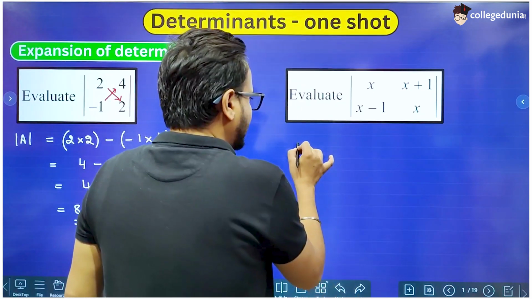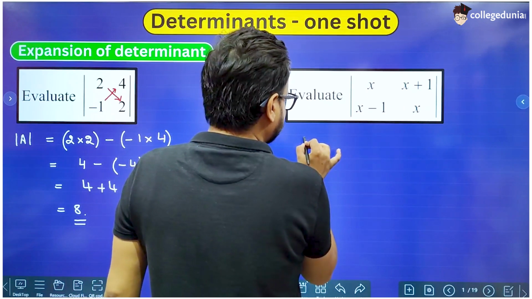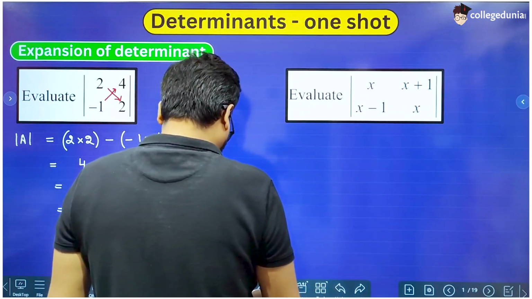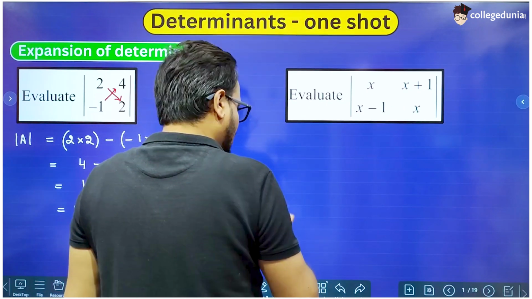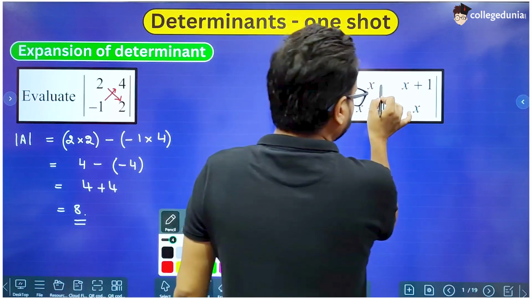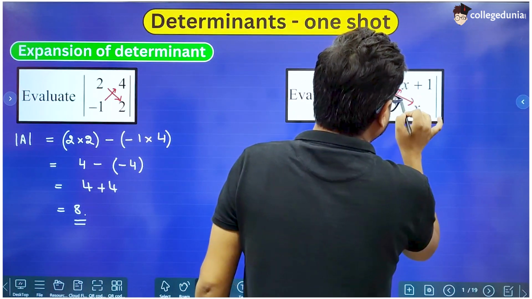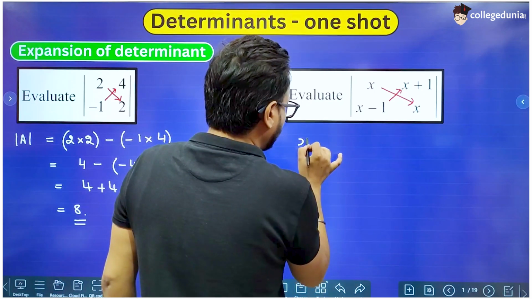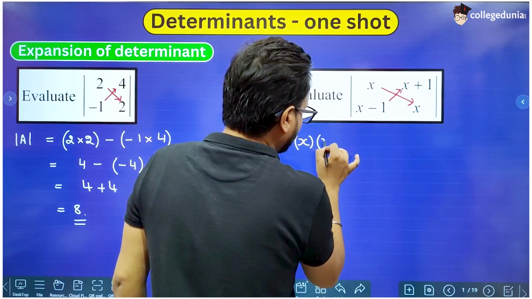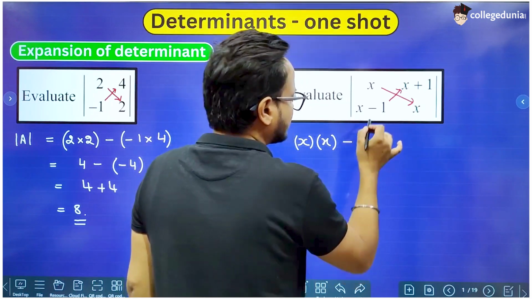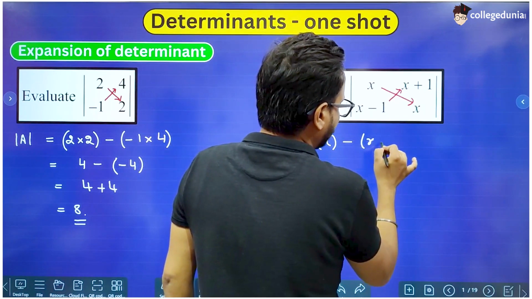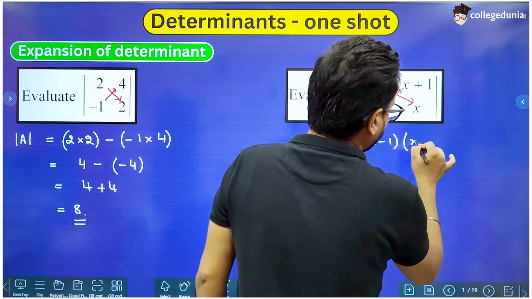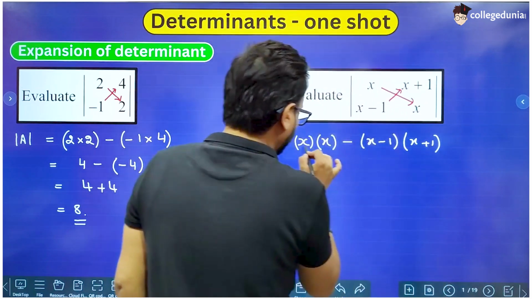Let's expand this one. X into X, product of these two minus product of these two. So X into X minus (X minus 1) into (X plus 1).